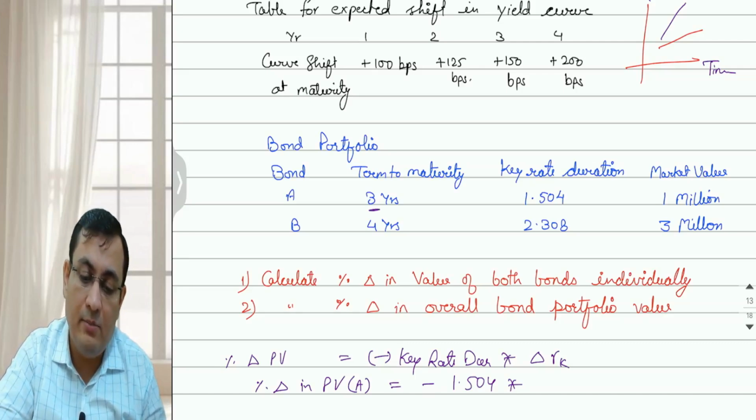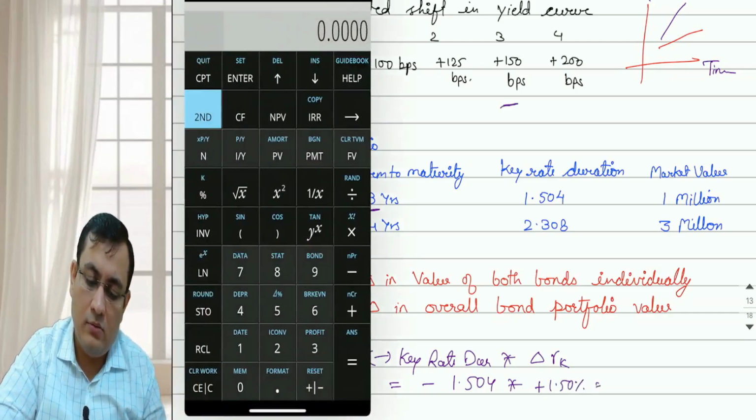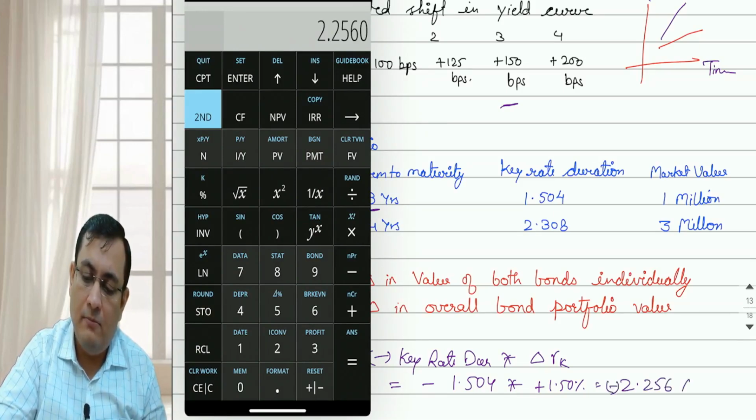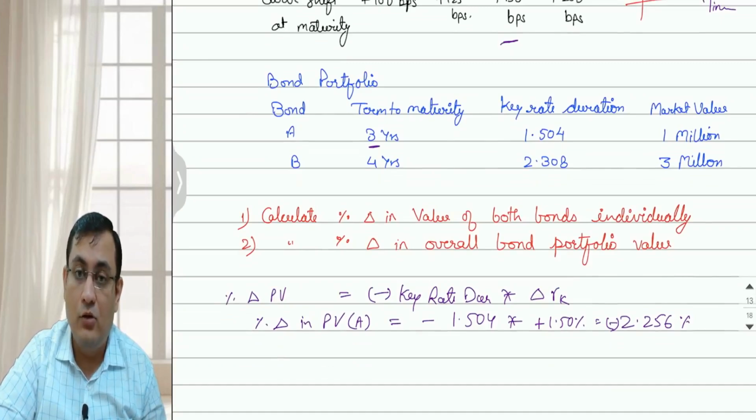So at 3 years, bond yields are increasing by 1.5%. So 1.504 multiplied by 1.5 is equal to 2.256 negative. The bond portfolio value will go down by 2.256%.